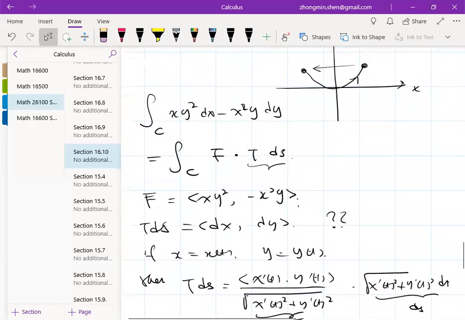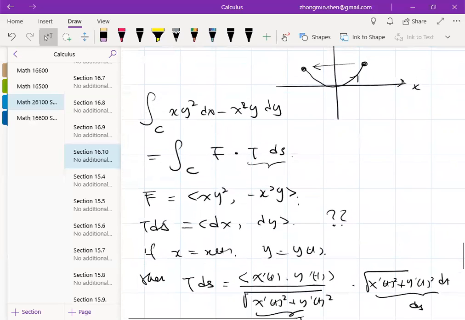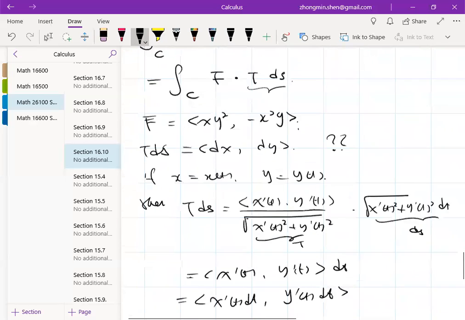So the best way to do it is to consider the domain enclosed by the curve, and use Green's theorem to solve the problem.